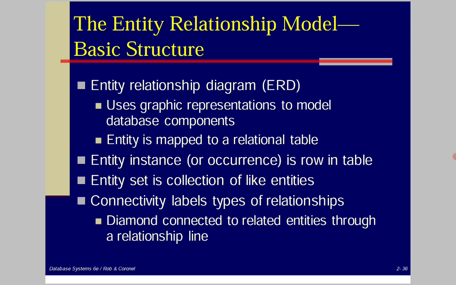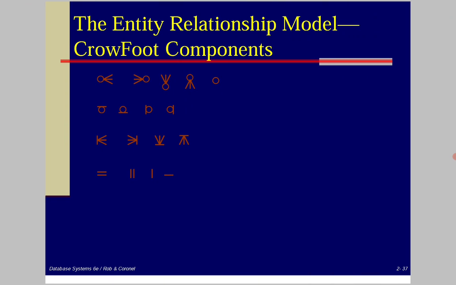Entities are generally represented with square symbols, whereas diamond symbols are used to create a relationship and relate one or more entities through a relationship. So there are different types of symbols here.